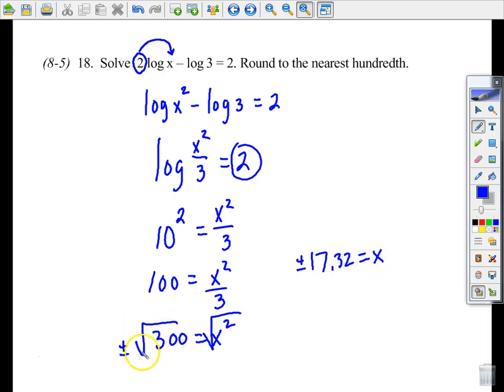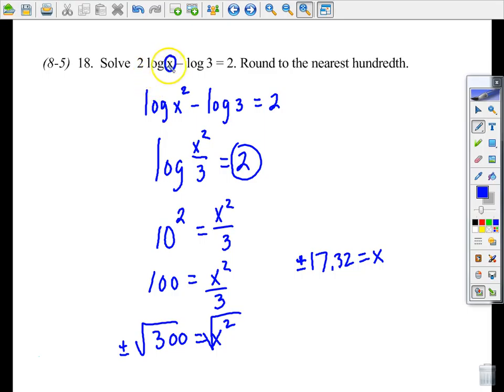Okay, and we know we've been trained many times to always do plus minus when it's an even number root. However, when we're dealing with logarithms, it's mathematically impossible to do the log of a negative number. If I put negative 17.32 in place of x, that's exactly what I would be doing.